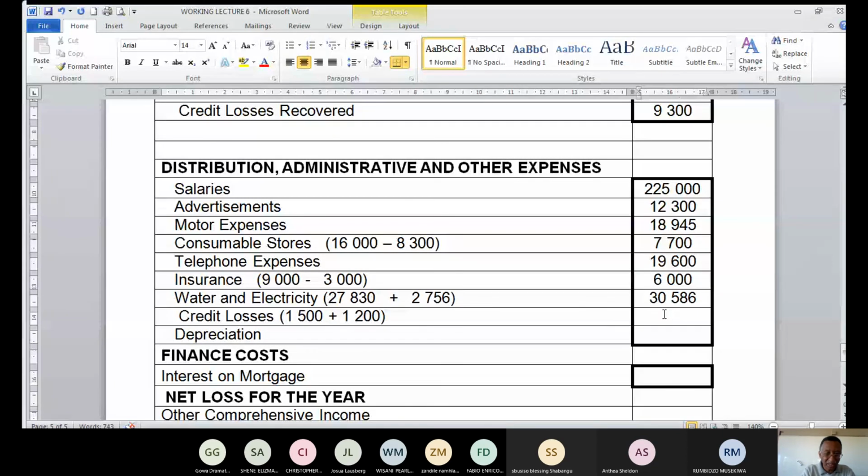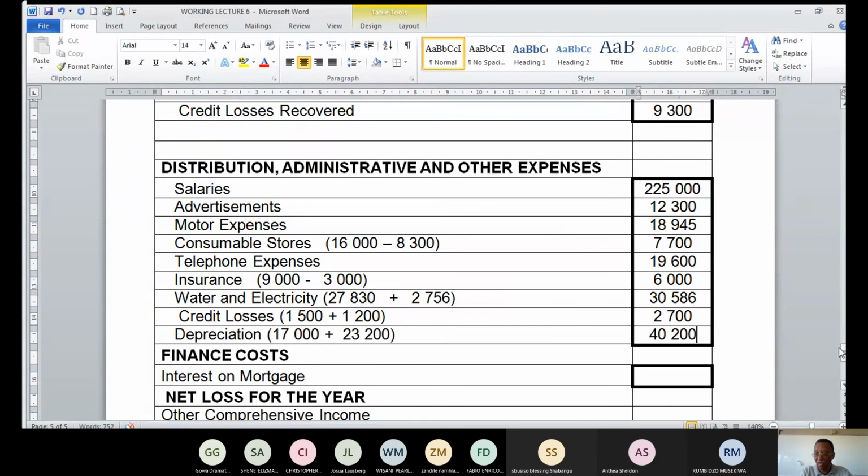The depreciation expense, I have also explained that to you, and we calculated that. And your depreciation will therefore be the 17,000 plus the 23,200 rand.